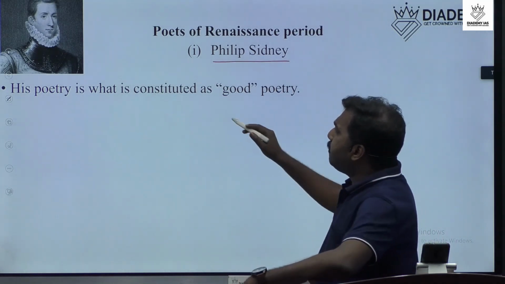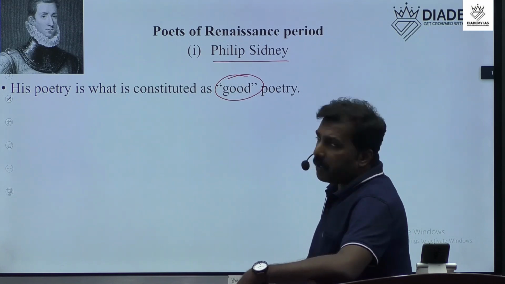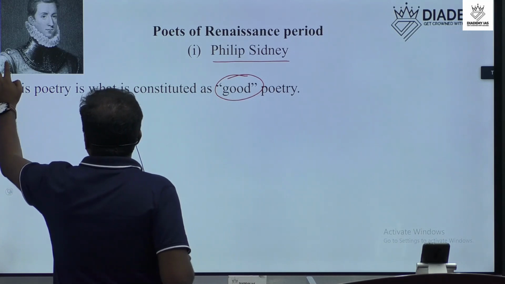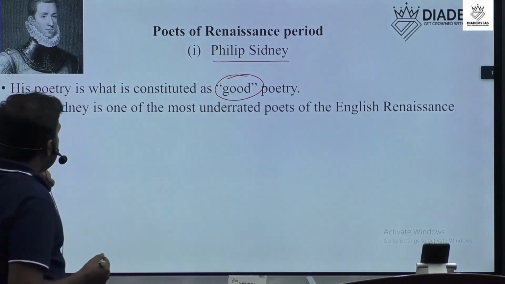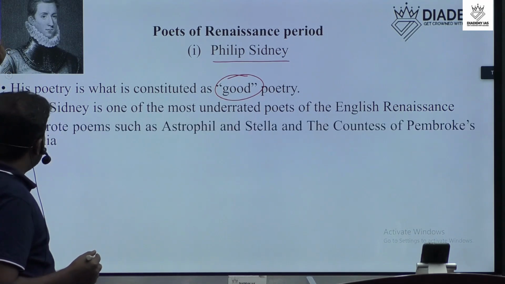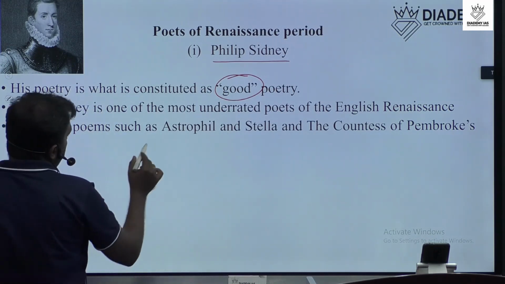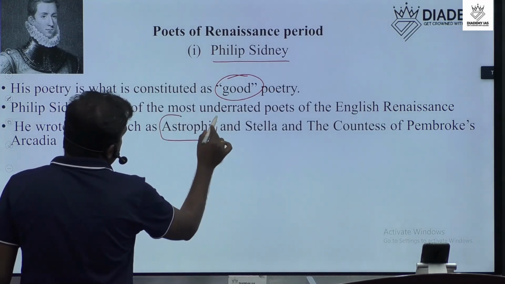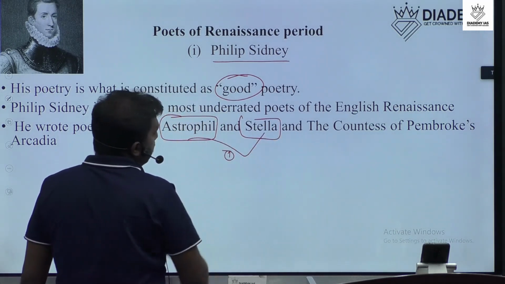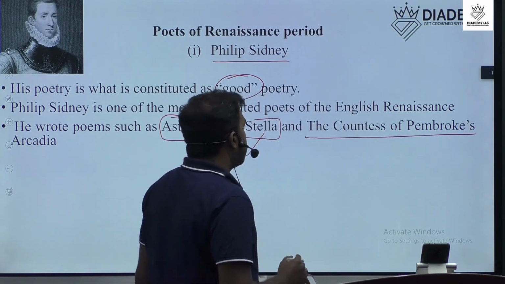His poetry is normally considered good poetry. And Philip Sidney is one of the most underrated poets in English Renaissance. The next one is his important poems. Which are the important poems? Astrophile and Stella, and The Countess of Pembroke's Arcadia.